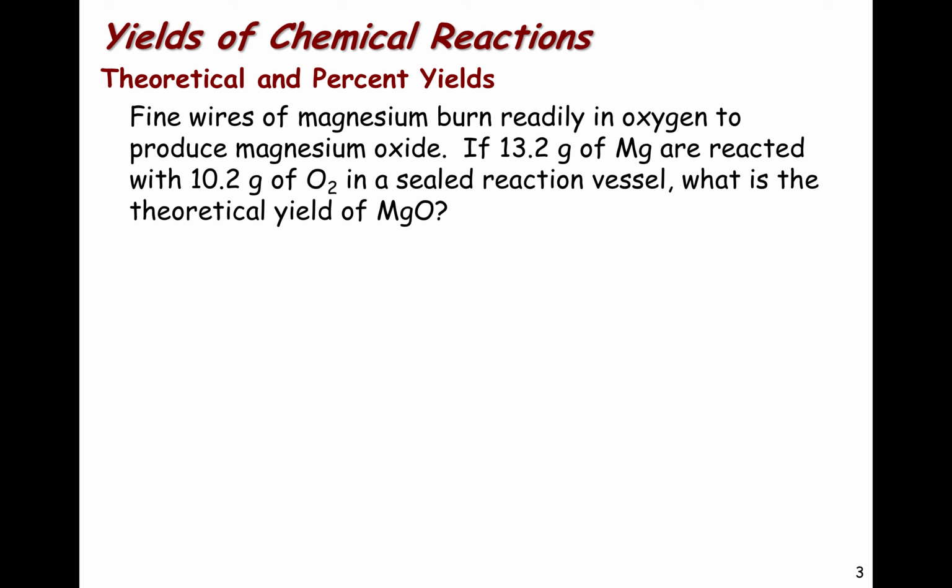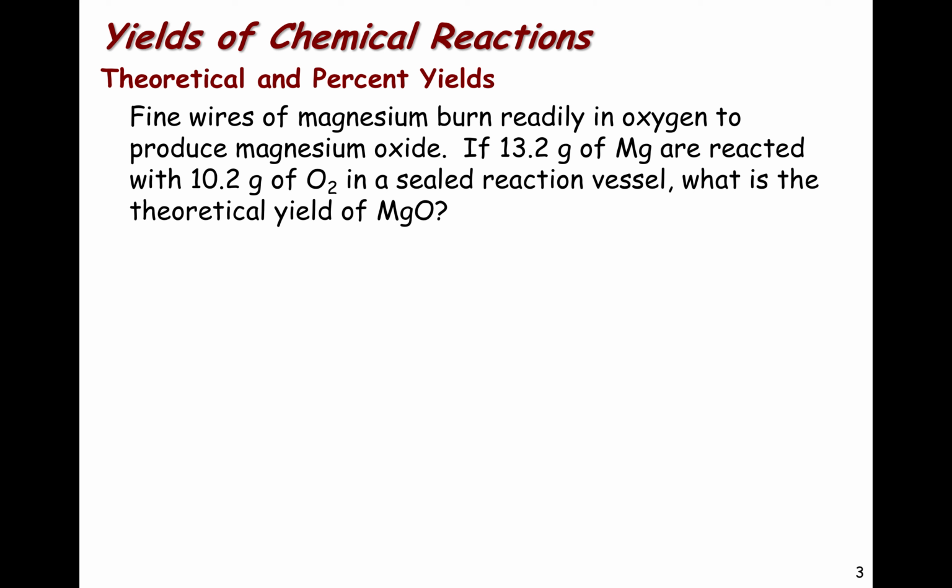As an example of how to combine the concepts of limiting reagent and percent yield, you might have a question as given here where magnesium can be reacted with elemental oxygen to produce magnesium oxide.